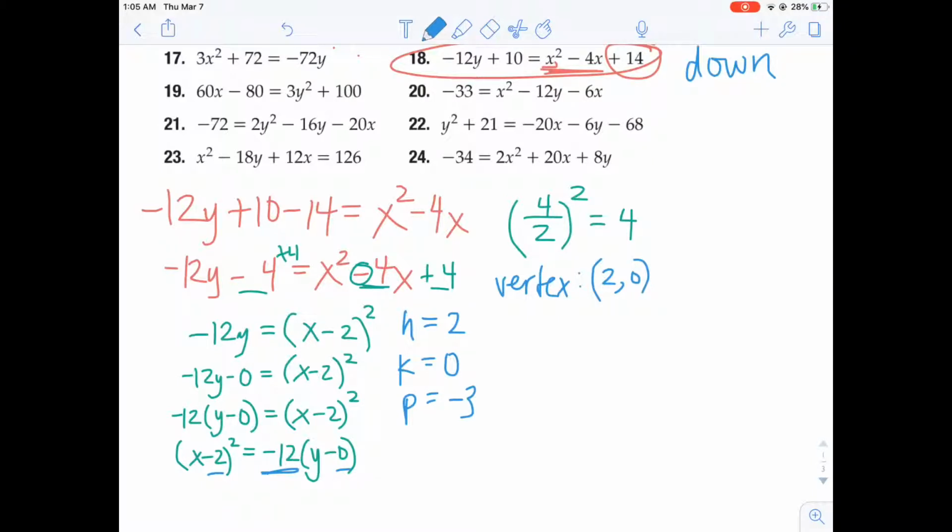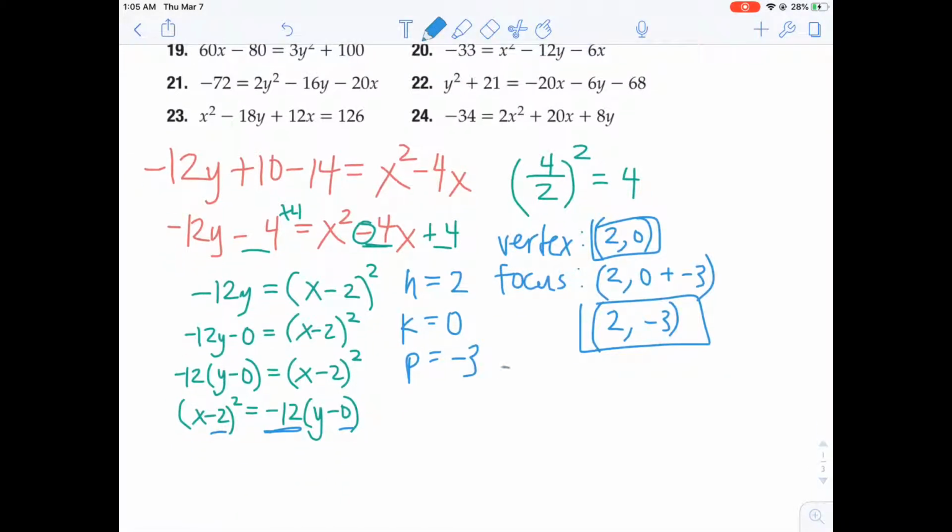Let's do our focus next. So the focus, since it's a vertical graph, the x value will stay the same, and we're going to add p to the y value. Remember, for the focus, we always add p, and so we get 2, negative 3 for that focus there. Directrix: our directrix is going to be y equal to this y value of 0 from our vertex minus our p.